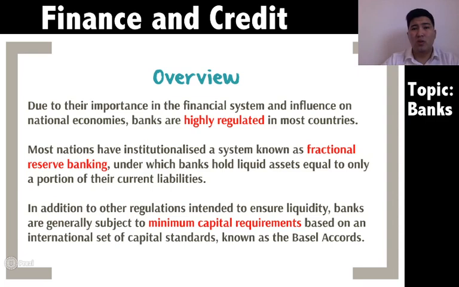There are some kinds of regulations. The main type is fractional reserve banking, which means that banks have to be able to cover their deposits, so their assets must be higher than or equal to their deposits.